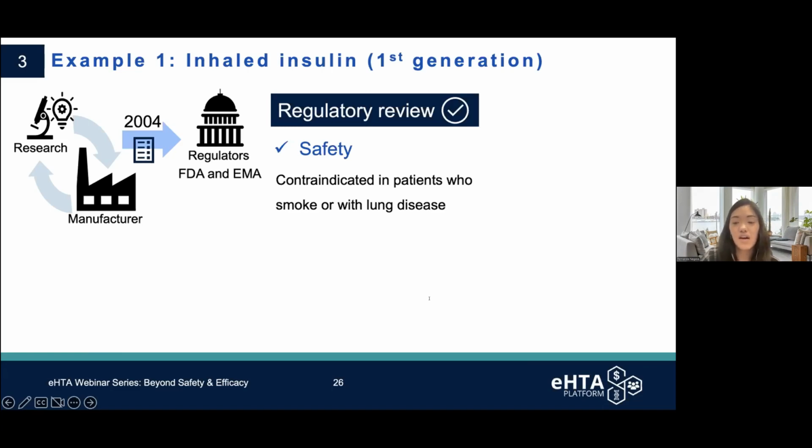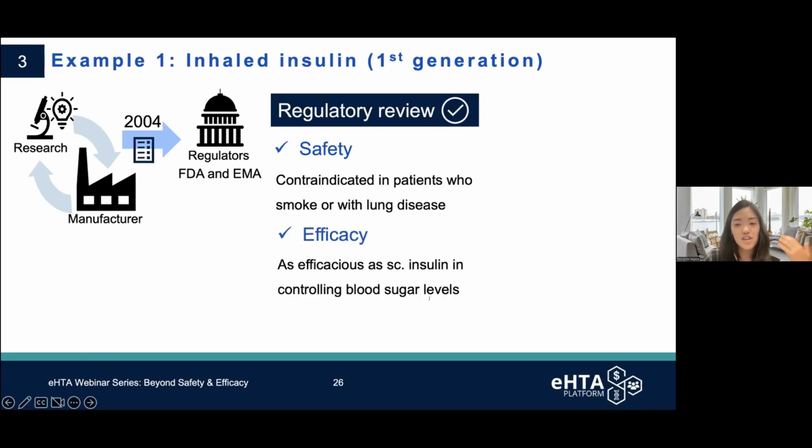The FDA also advised patients who were using the product to check their lung function regularly, just in case the product had done something. But nevertheless, trials also reported that the drug was as efficacious as short-acting insulins on the market.